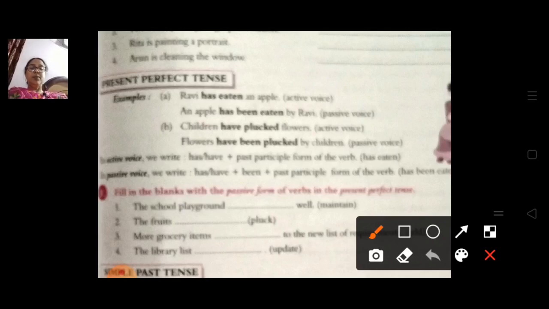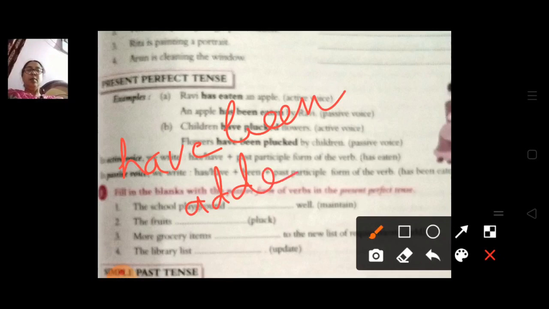So more grocery items have been added to the new list of requirements. So this is the third one. More grocery items have been added to the new list of requirements. So complete it. Third number.